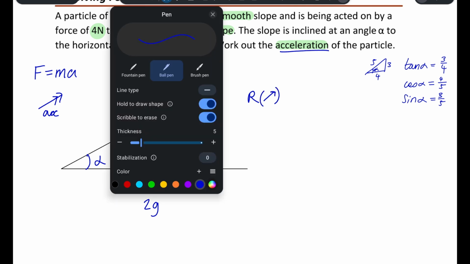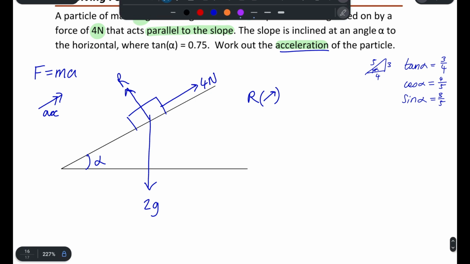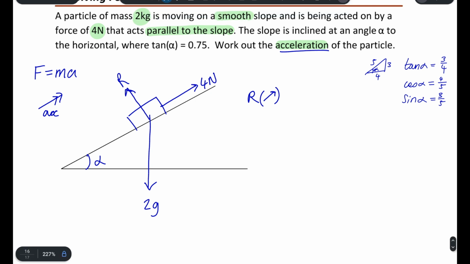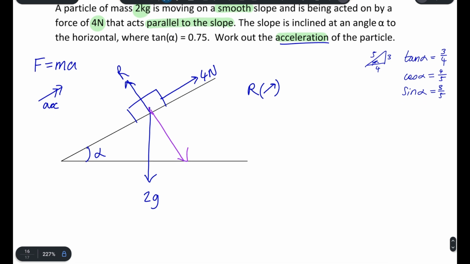The first thing we would like to do here is resolve this 4 newton force. Or actually, let's do the 2g first. So the 2g force can be split into this component and then this component here. So that's a right angle. It's not very well drawn. Let me just do that again. So you have a right angle here for this 2g force. And we know that this angle here is alpha. So this would be 2g cos alpha. Now going back to our first point, we know that cos alpha is just 4/5.